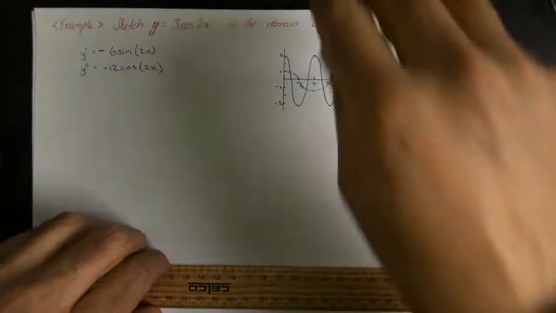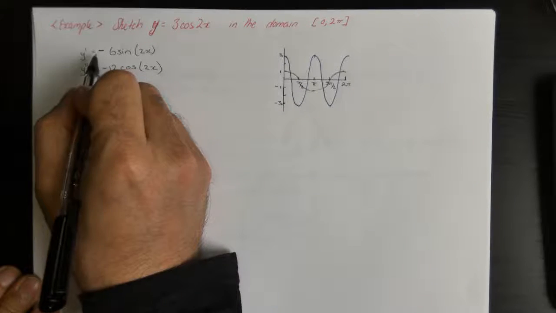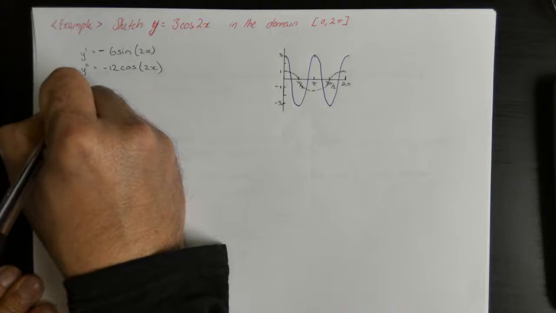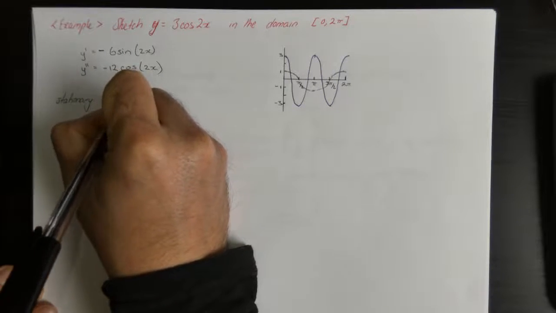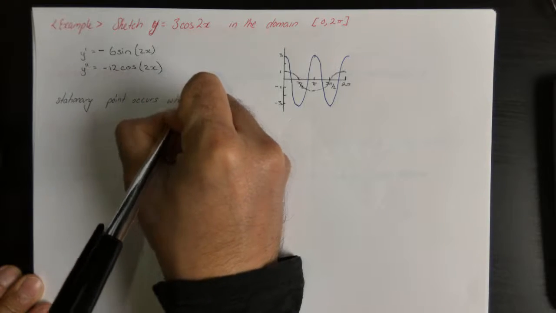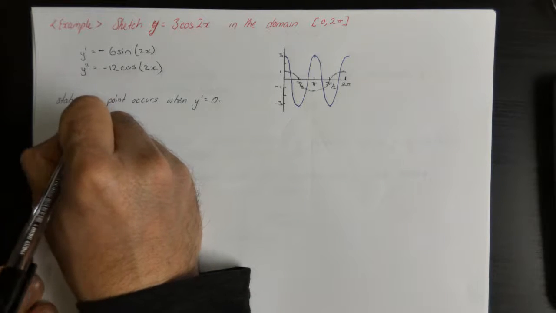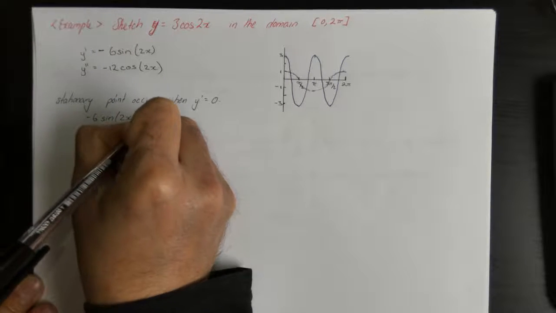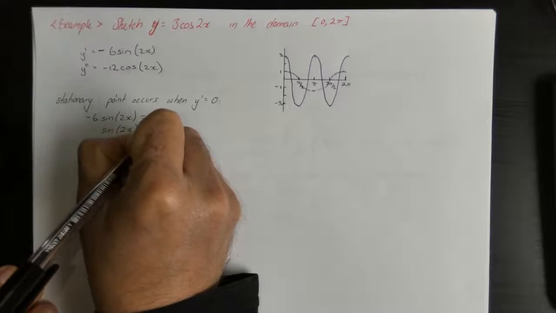Okay, but let's use calculus. We want to find the stationary points, and they occur when the first derivative is equal to 0. So we get negative 6 sine of 2x equals 0, so sine of 2x equals 0.